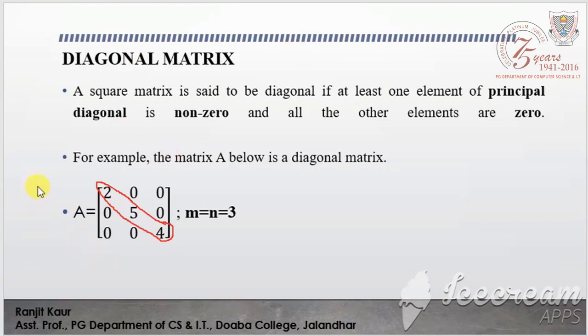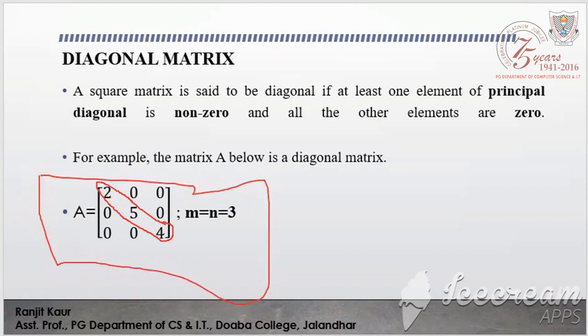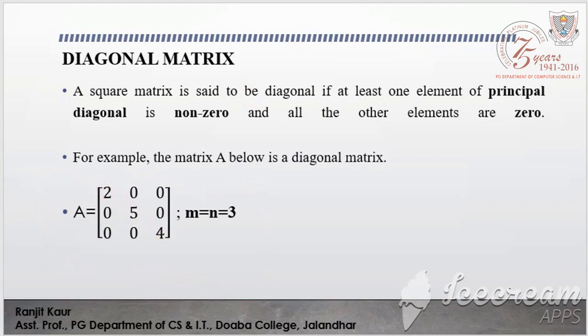So you can clearly see in this example, we are having a matrix A and all the elements of matrix other than the diagonal elements are 0. So if you see this type of matrix, then this is known as diagonal matrix. So I hope you are clear with the concept of diagonal matrix.